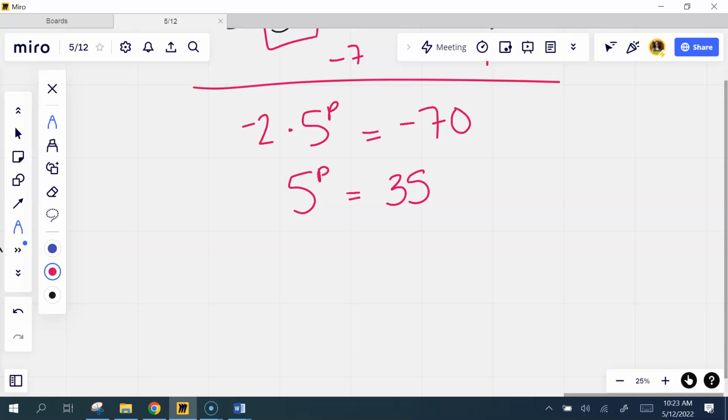Now what? Log. That's exactly right. What's the base of, put that in your calculator. Two-point what? Easy.